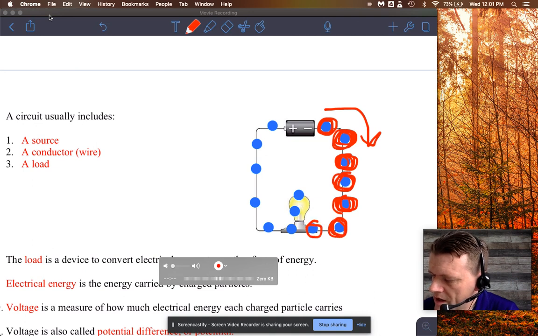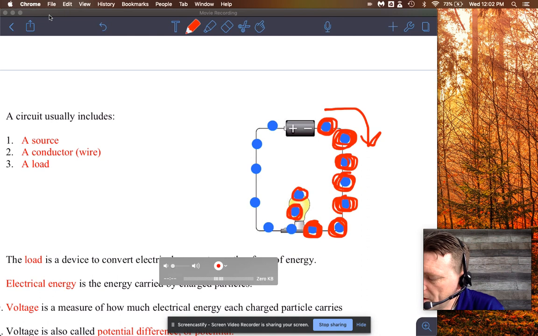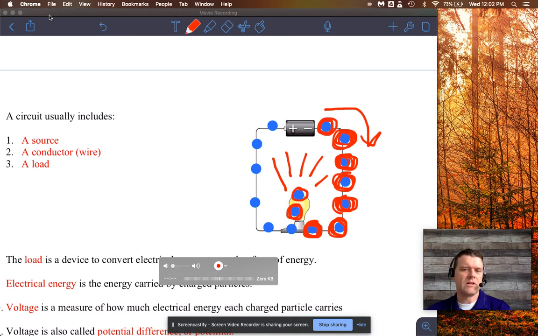So initially they have lots of energy as they come out of the negative terminal. Then when they get to the light, what happens here is some of that energy is, actually most of it, if it's working well, will be released as light and heat. Okay, so I'm showing that in red as well because it's still energy, but it's a different kind.